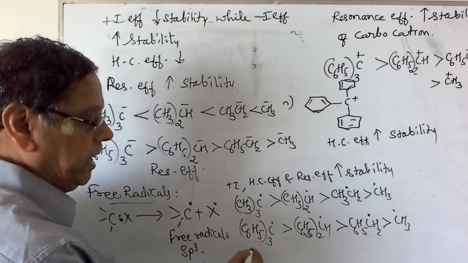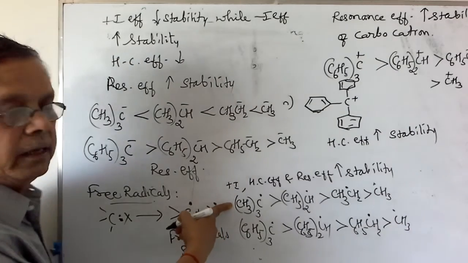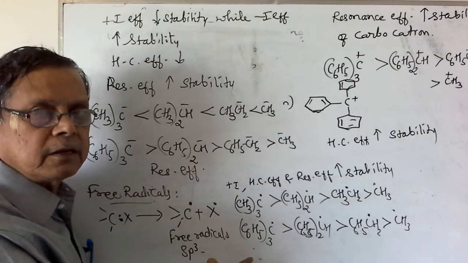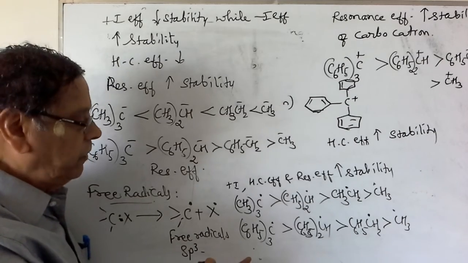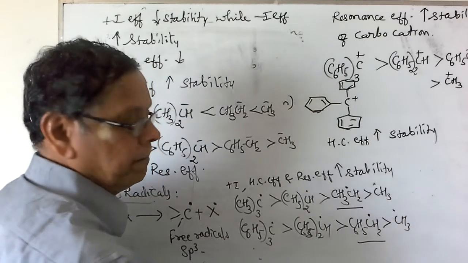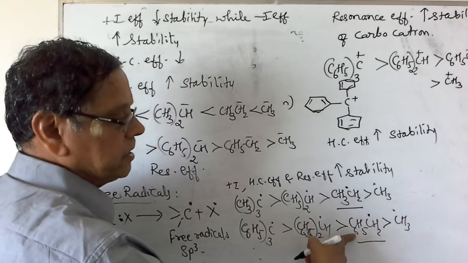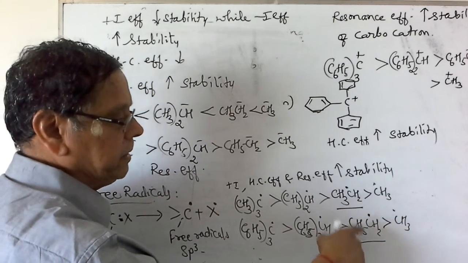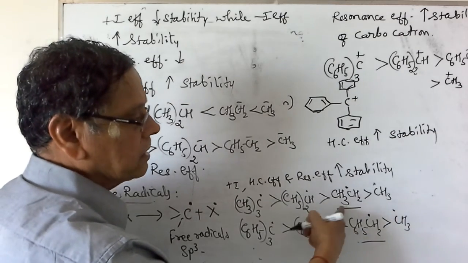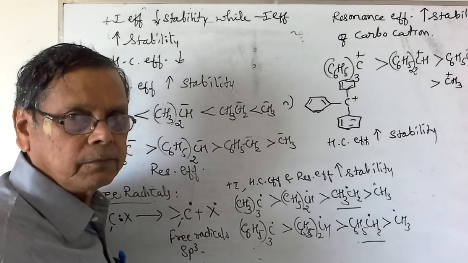But wherever hyperconjugation and positive inductive effects are there, they are less effective as compared to resonance. So if it comes to a competition between these, because of the resonance effect, there will be more stability of the benzyl carbocation, carbon free radical or carbocation as compared to the ethyl free radical.